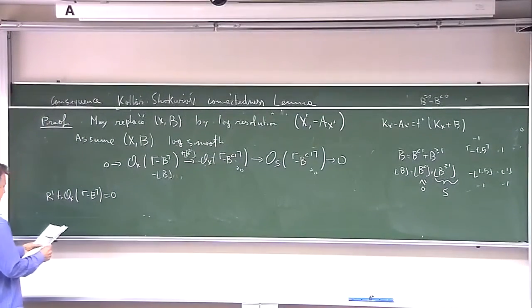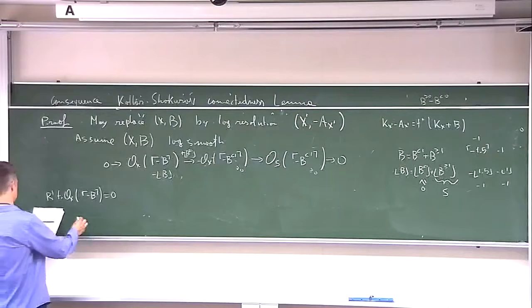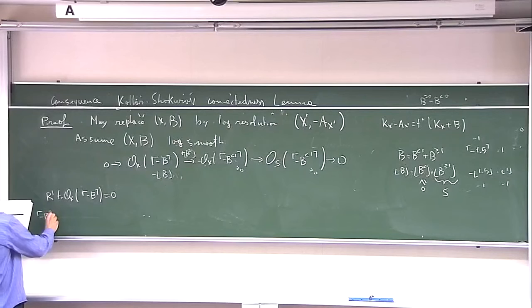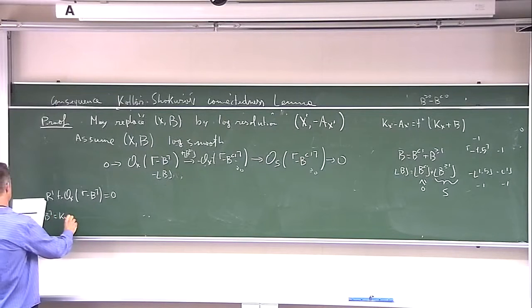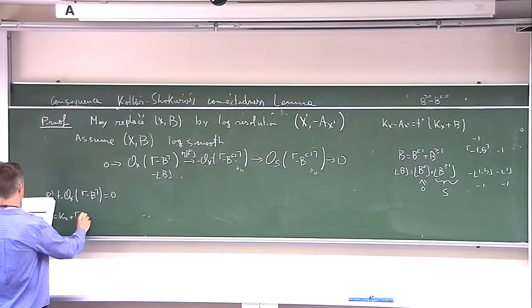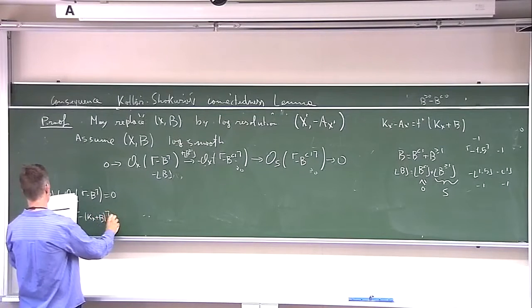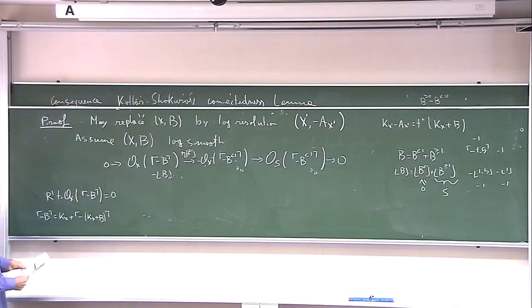So the trick is to view this as minus B is K_X plus the roundup of minus K_X plus B. So hopefully this will be completely trivial that I write down. Yes, this is completely trivial because K_X is an integral divisor, so rounding up or rounding down makes no difference. I can take it out and they cancel.